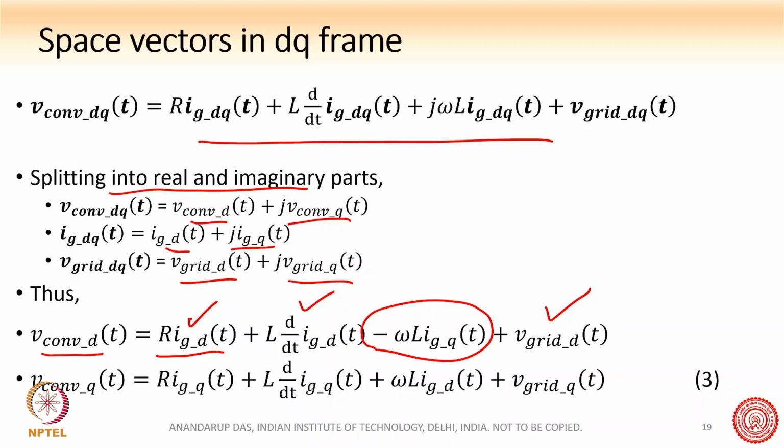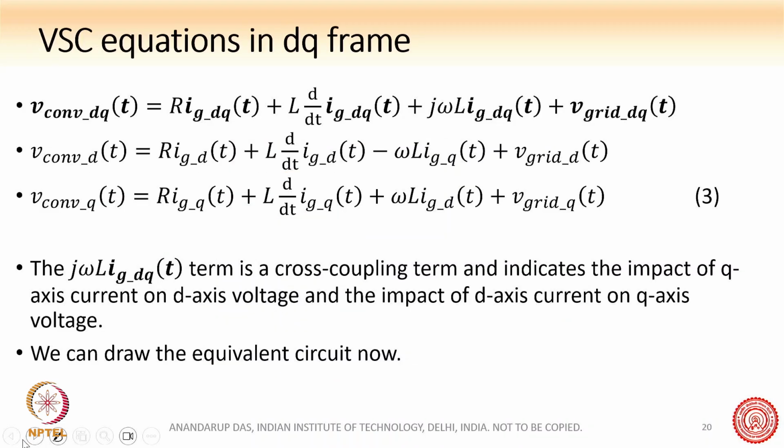Now you can understand my terminologies are changing. I am saying q axis current, but the current is actually a single current, the grid current. It's a three-phase quantity. However, I am talking as if there are two circuits in front of me: one d axis circuit and one q axis circuit, and I am thinking of the current flowing in the q axis.